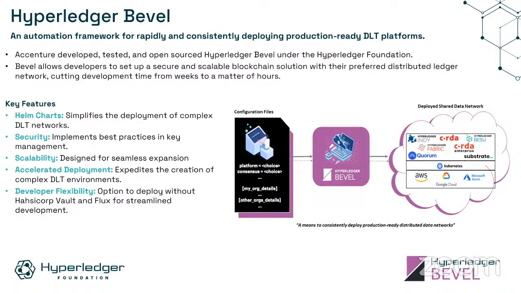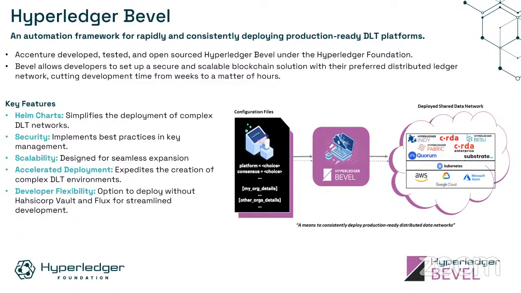This is the summary slide which we do for every meetup. This is the third and final one, at least for this year. So, Hyperledger Bevel. What is Hyperledger Bevel? It is an automation framework which is used to rapidly and consistently deploy production-ready DLT platforms onto Kubernetes clusters.